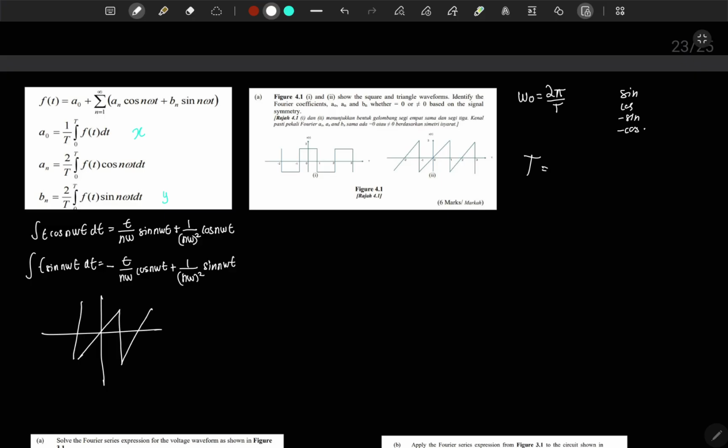In this graph, if I rotate it 180 degrees and the graph looks the same, then our an is equivalent to 0.